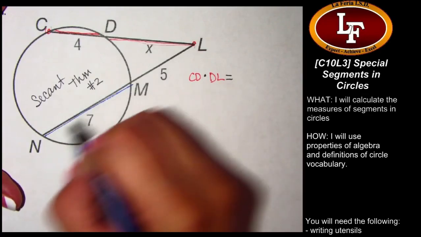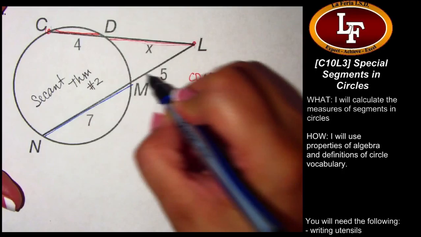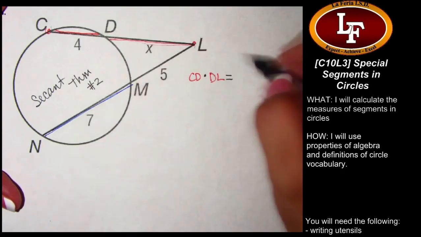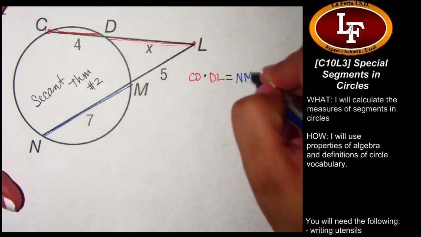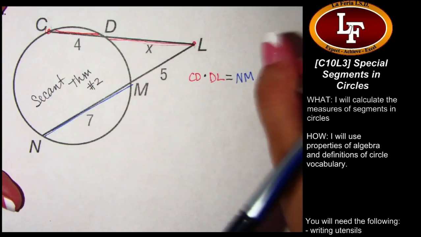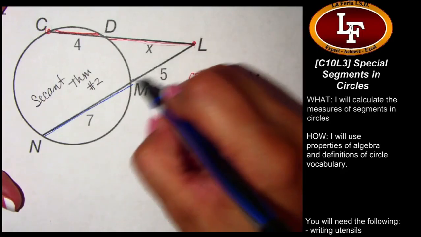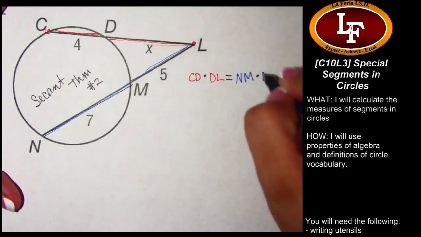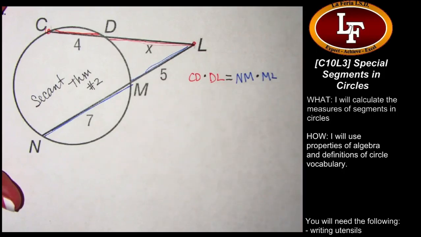So here's the other secant, L to N. So NM is one part, and we're going to multiply it to ML, the other part. All right, again, I'm going to use parentheses to separate my multiplications.